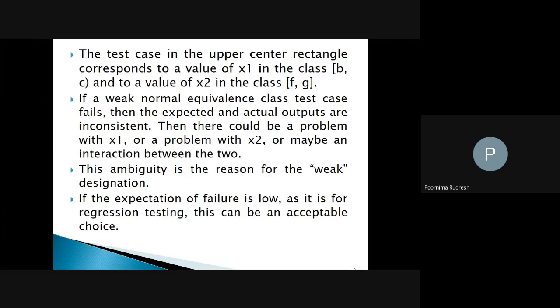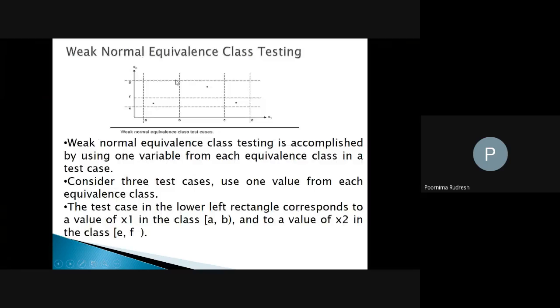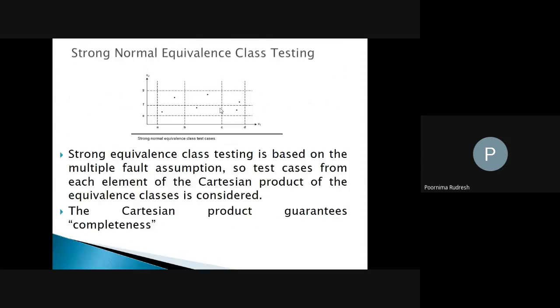You can check it here. Here we have only 3 test cases for the weak normal equivalence class testing. But in the strong normal equivalence class testing, we are considering all possible test cases for each element of the Cartesian product. Right, understood?